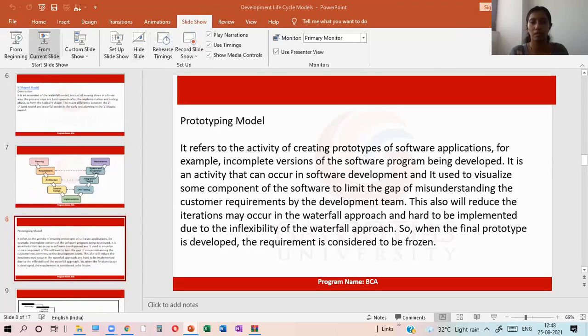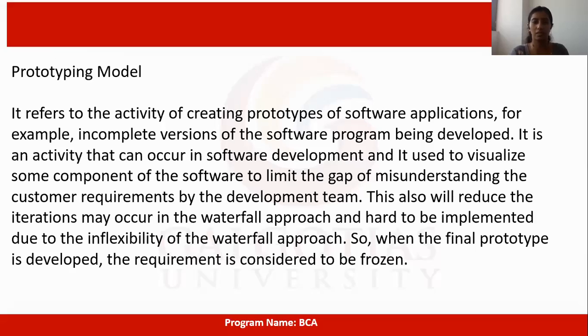It is an activity that occurs in software development and is used to visualize some components of the software, to limit the gap of misunderstanding of the customer requirements by the development team. This also will reduce the iterations that may occur in the waterfall approach and are hard to implement due to the inflexibility of the waterfall approach. So when the final prototype is developed, the requirement is considered to be frozen.